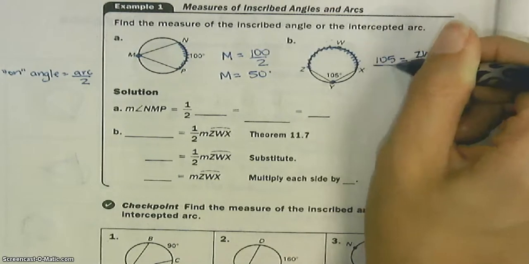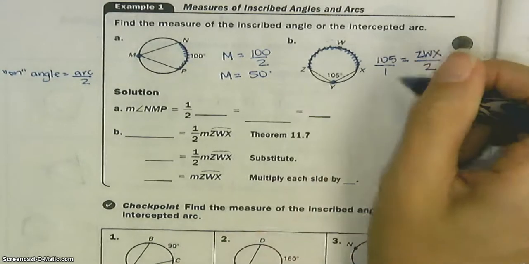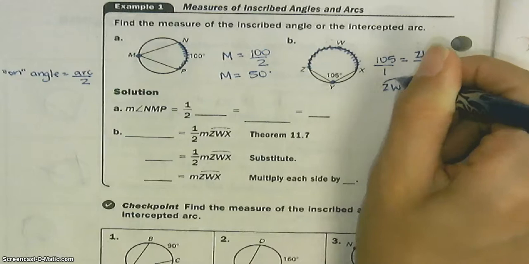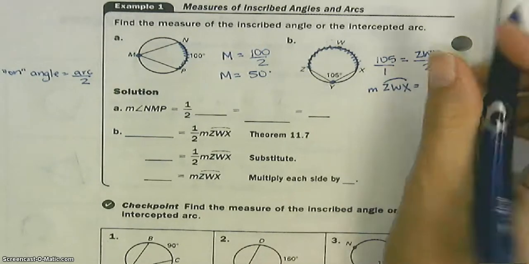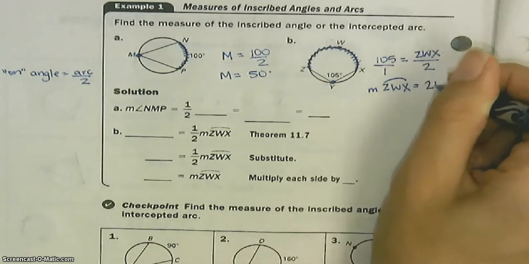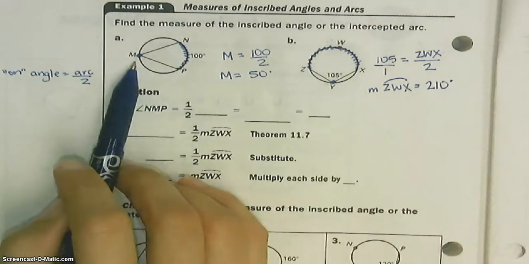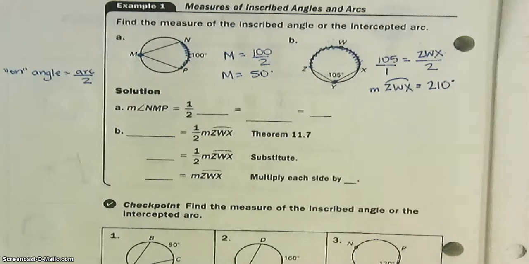If you want, you can think of this like a proportion. 2 times 105. So the measure of arc ZWX is equal to 210 degrees. So if you're trying to find the angle, you divide by 2. If you're trying to find the arc, you multiply by 2.